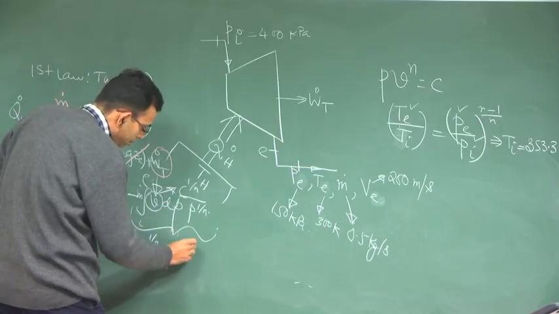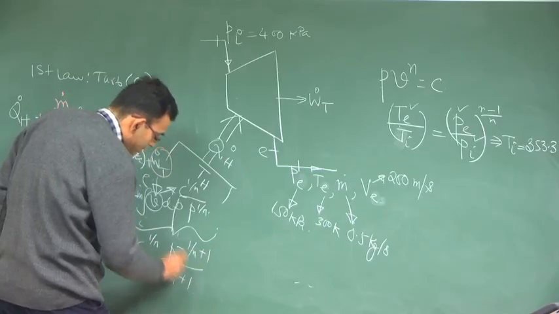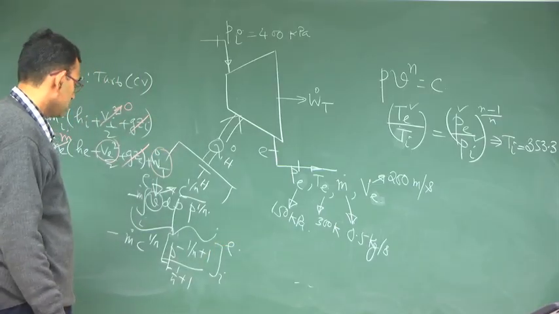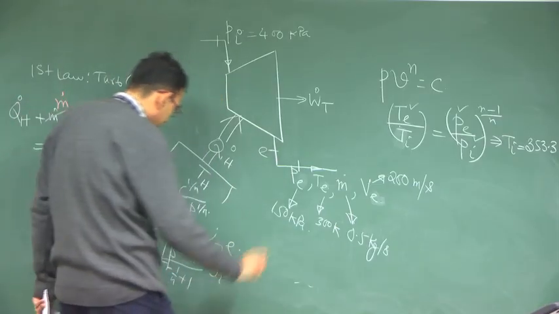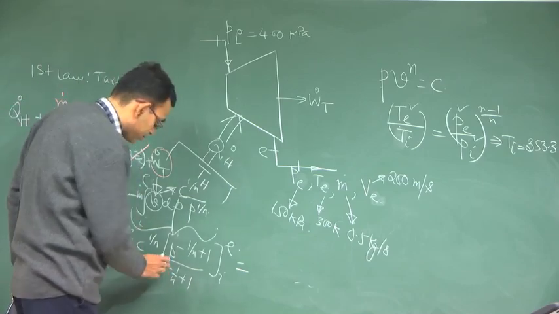So P to the power minus 1 by n plus 1 by minus 1 by n plus 1 from I to E. So this VdP integration, this is minus actually.